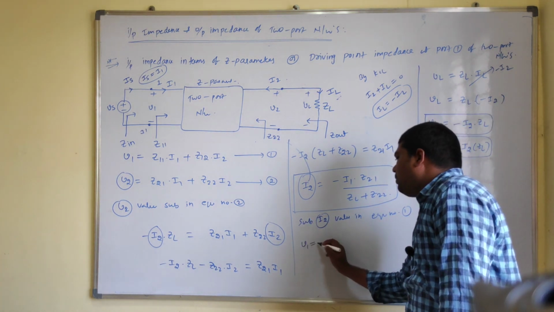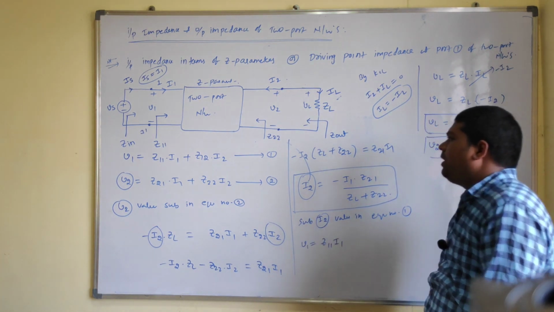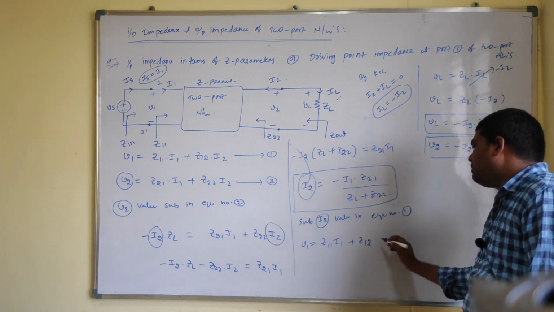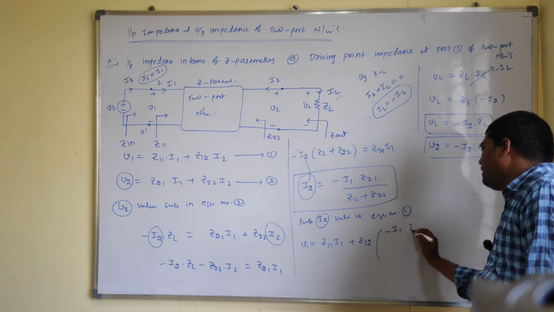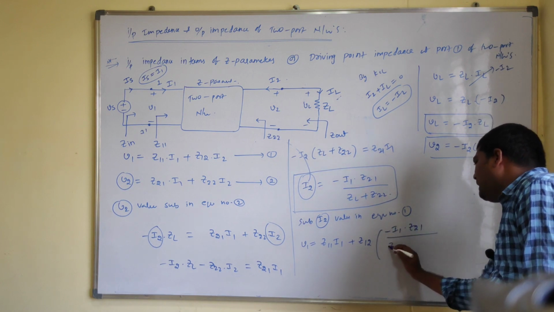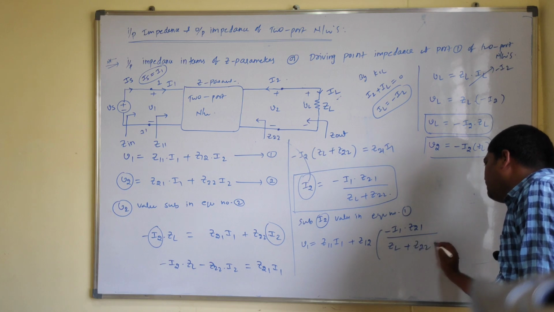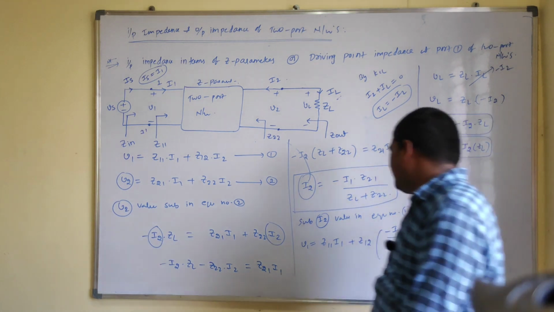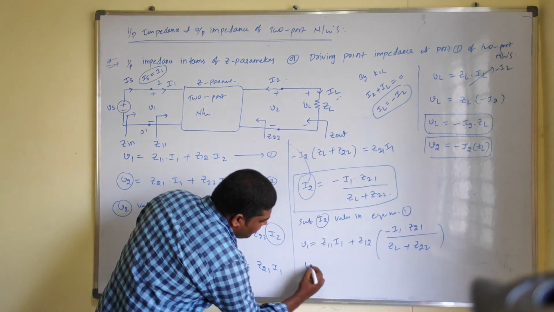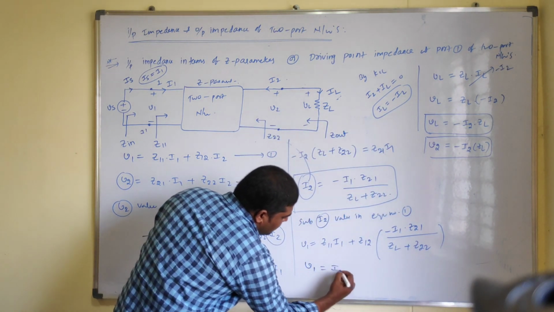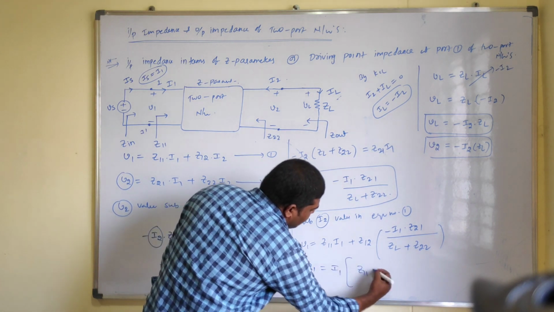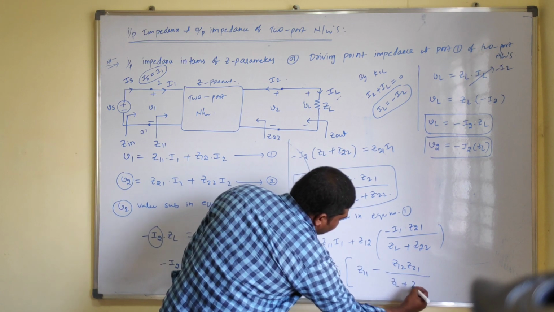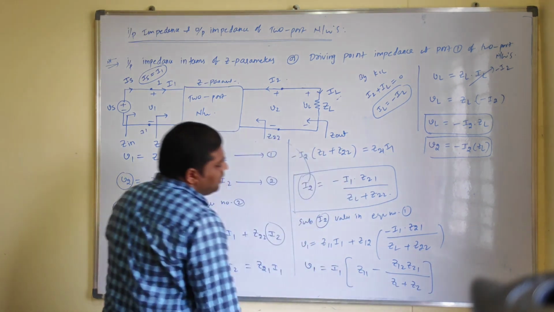V1 equals Z11 into I1 plus Z12 into the I2 value, that is minus I1 into Z21 by ZL plus Z22. Take the common I1. Then V1 equals I1 times Z11 minus Z12 into Z21 by ZL plus Z22.